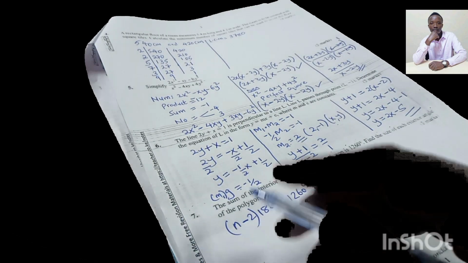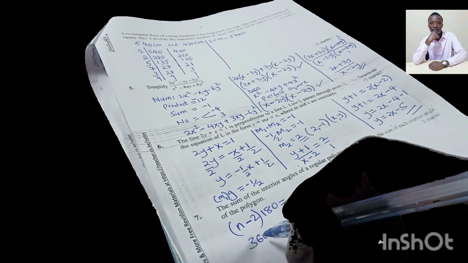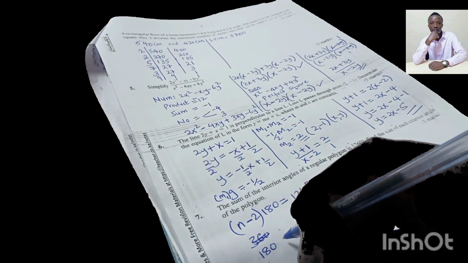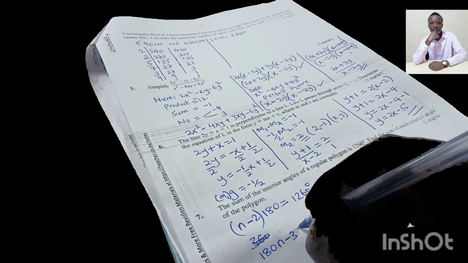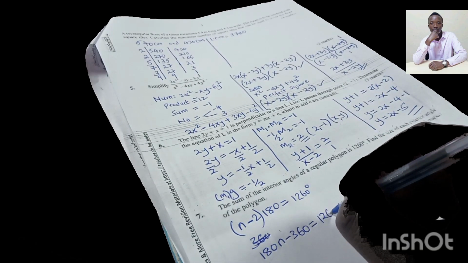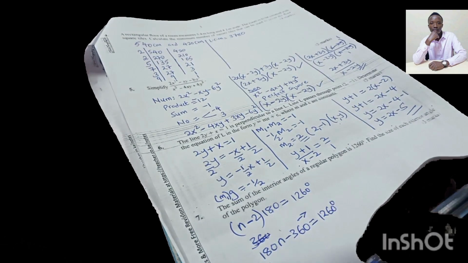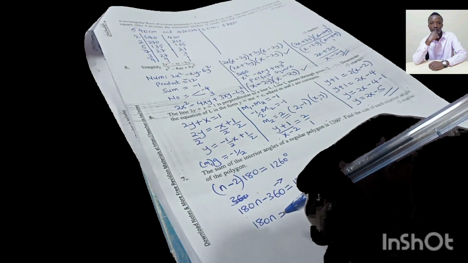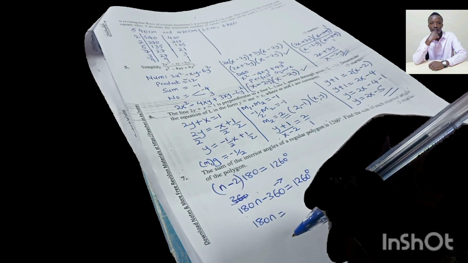So 180 times n will give us 180n, minus 180 times negative 2 will be minus 360, is equal to 1260 degrees. When we take 360 to the other side of the equal sign, we have 180n is equal to 1260 plus 360.